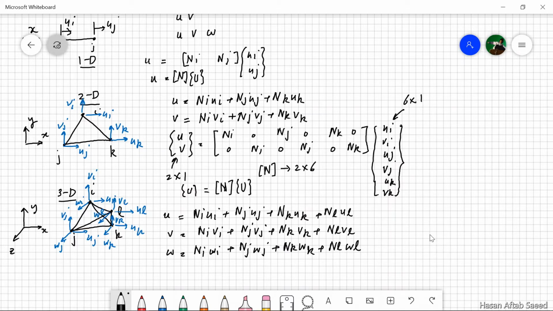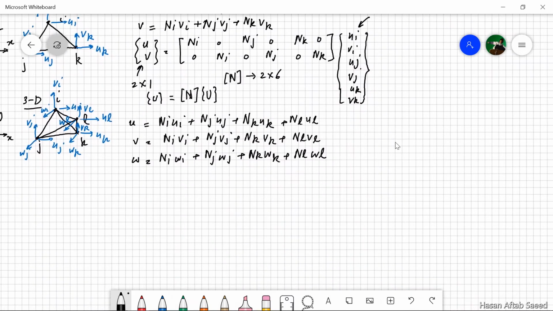We can write it again in matrix notation like this. It is u, v, w. This is the displacement vector.